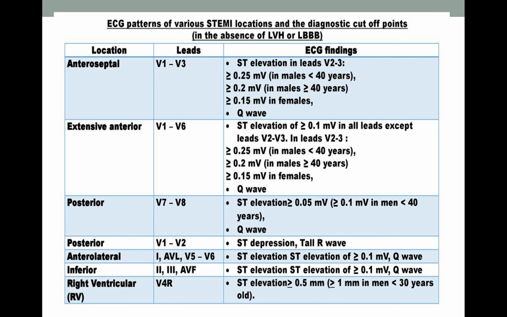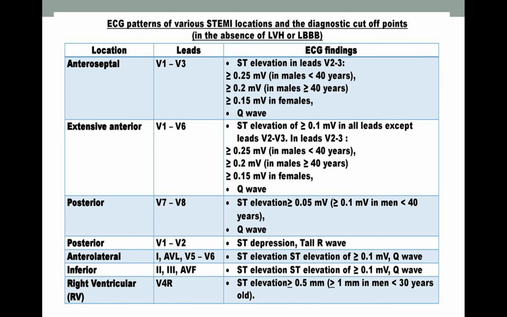Okay, as well as pathological Q wave. So yeah, you all can just take a look lah at the different leads. V1 to V3 will be the anteroseptal. V1 to V6 will be more extensively anterior, and V7, V8 will be the posterior leads lah.